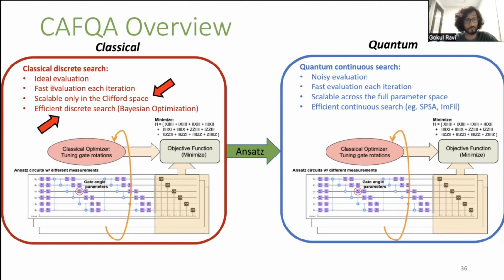Because it's only in the Clifford space, it is still fast evaluation. But again, because it is only in the Clifford space, it is limited, and so you can only limit yourself to this sort of discrete search in the Clifford space. And we find that this discrete search can be performed pretty efficiently using Bayesian optimization, right? Once we find a good Clifford initialization, then this Ansatz is used to do the rest of the usual technique. So this is basically an initialization process.